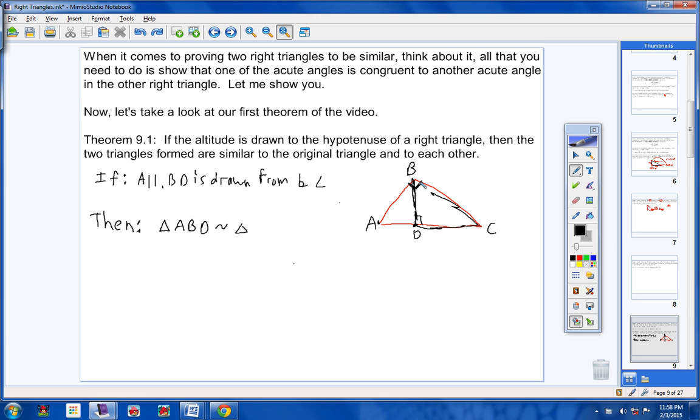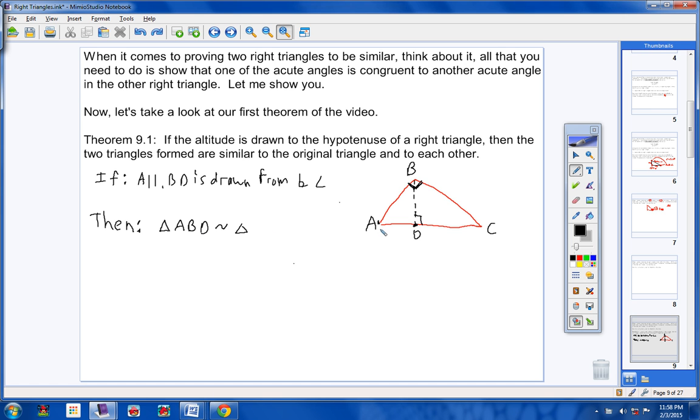Okay? Got it? Okay. Now, most of you probably thought it would be ABD, ABD. Okay? And then, because A came first here, you'd put C first over here. And that's wrong. This angle here is congruent to this angle up here. So remember, when you list out your similarity statements, you must match congruent angles with congruent angles.